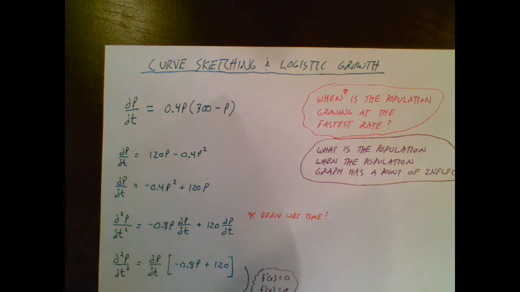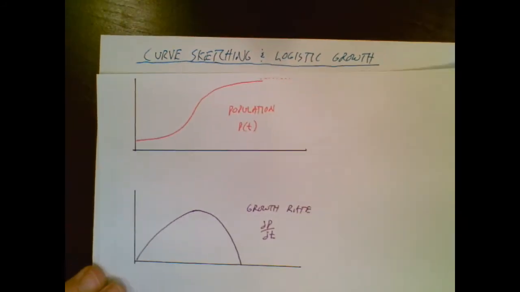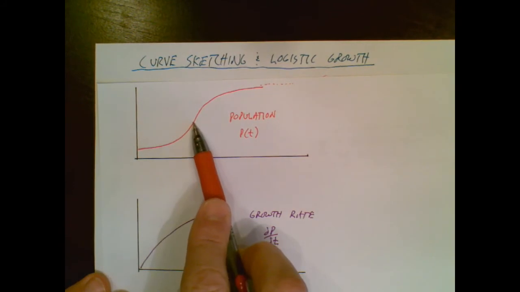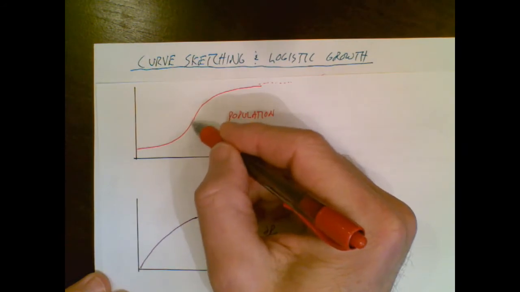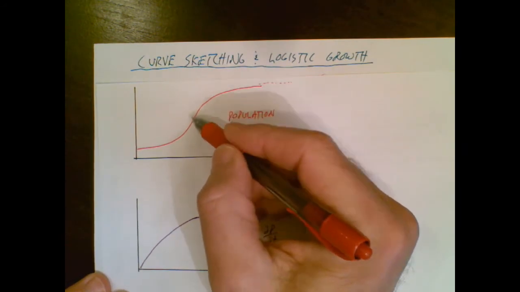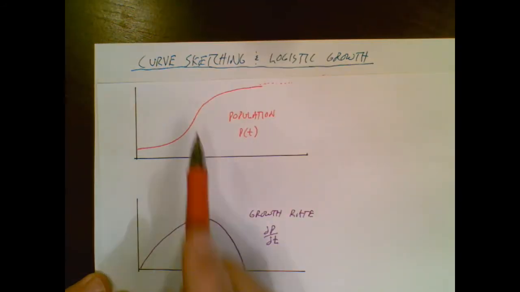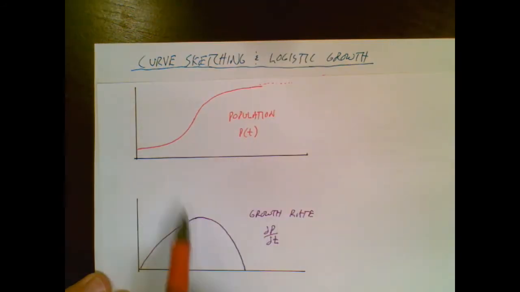Well, the reason they are the exact same question is that this is the point of inflection of the population graph, but it's also the spot where the growth rate is the most rapid. So the point of inflection of your population graph is also when the growth rate is the greatest, which is also the maximum of your dp/dt graph.